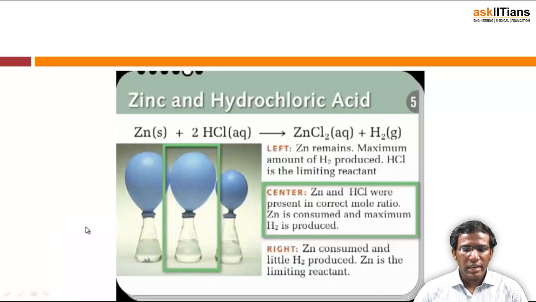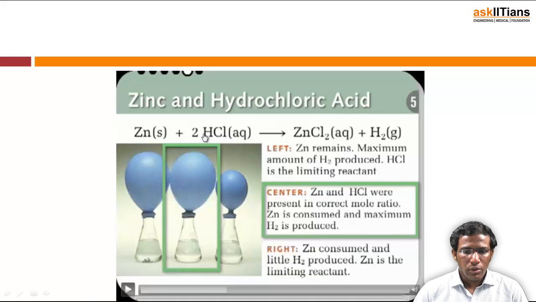So here we have taken zinc and hydrogen chloride in the correct mole ratio. That means we have taken 1 mole of zinc and 2 moles of HCl. As a result, we got 1 mole of hydrogen gas, because if you take 1 mole of zinc and 2 moles of HCl, we will get 1 mole of hydrogen gas. That is what we observe in the middle reaction.